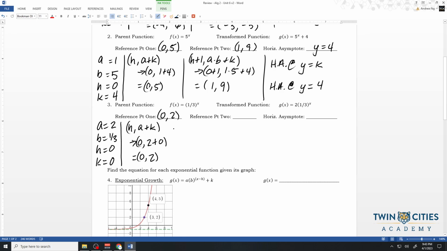So how you find the first reference point does not change whether it's growth or decay, but how you find the second reference point does. For growth, I used h plus 1 comma a times b plus k. For decay, however, instead of h plus 1, this will be h minus 1. And then instead of a times b plus k, this will be a divided by b plus k.